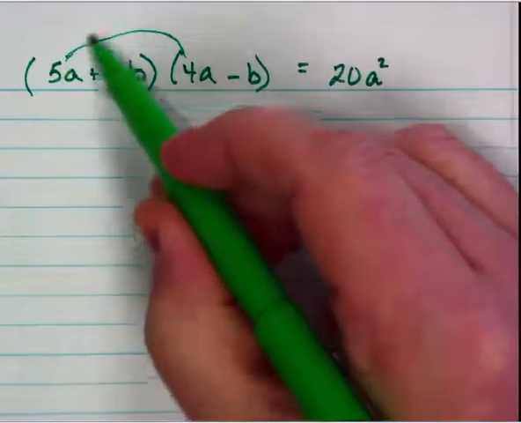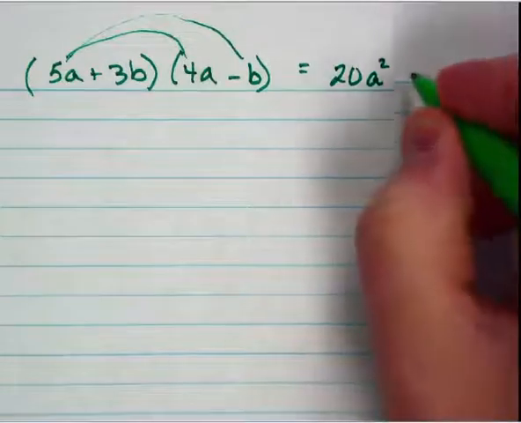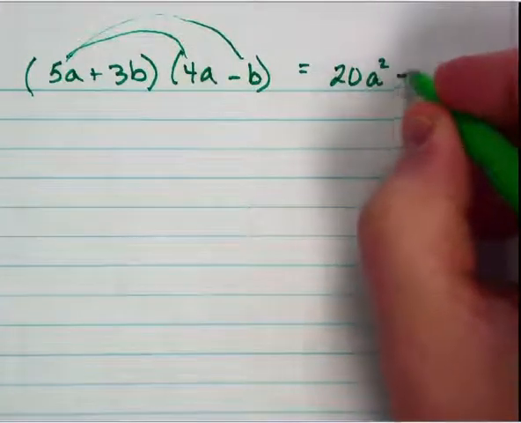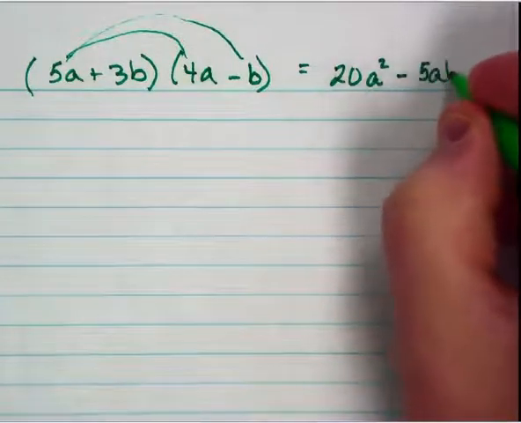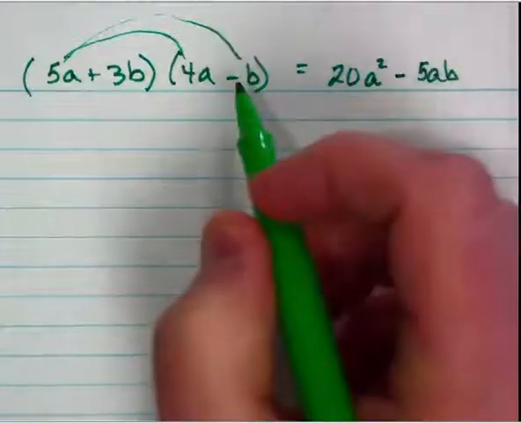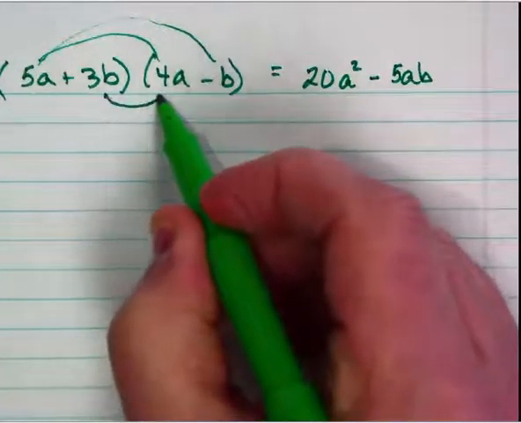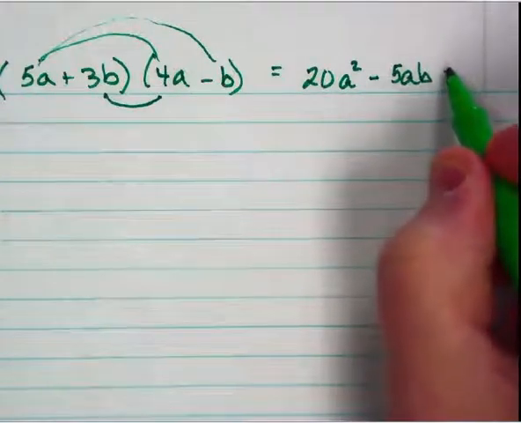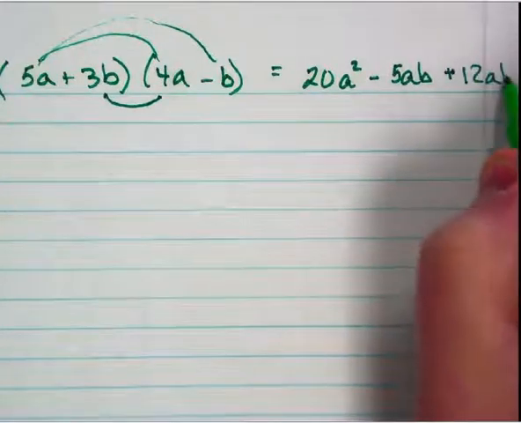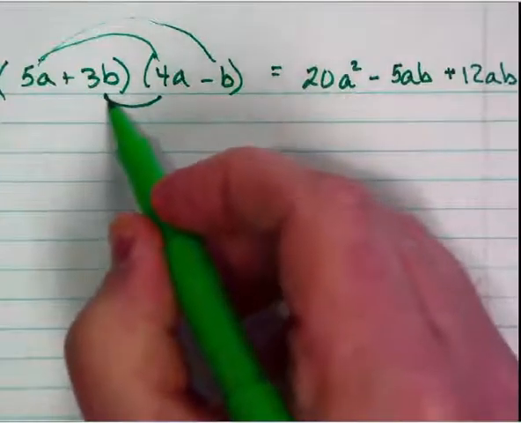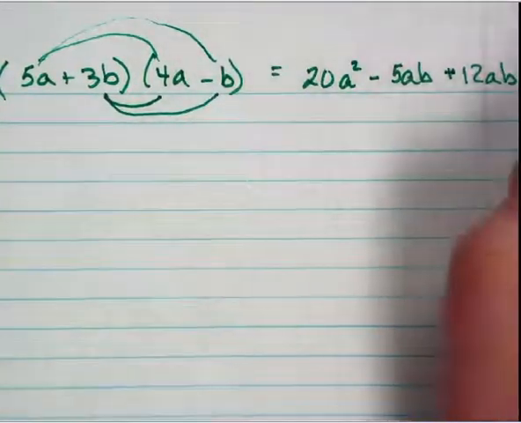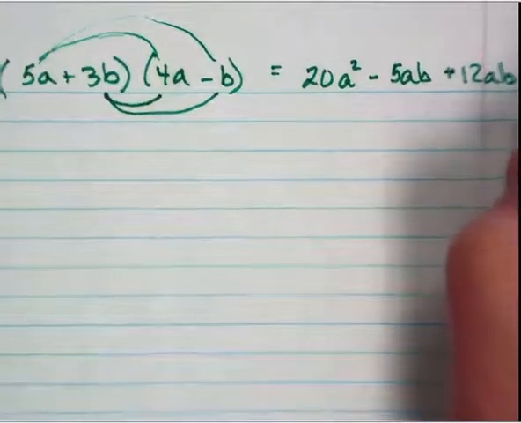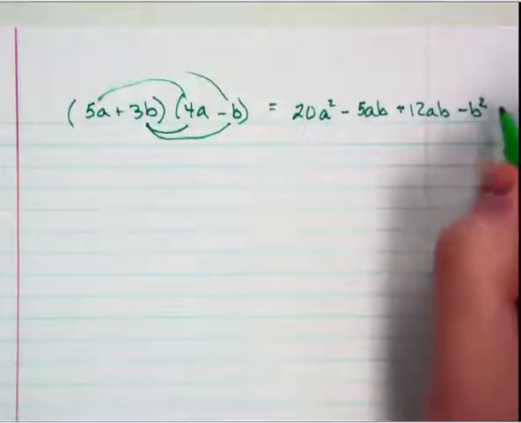And then I'll do 5a times negative b, which is negative 5ab. And then I will do 3b times 4a, which is positive 12ab. And then I'll do 3b times negative b, which is negative b squared.